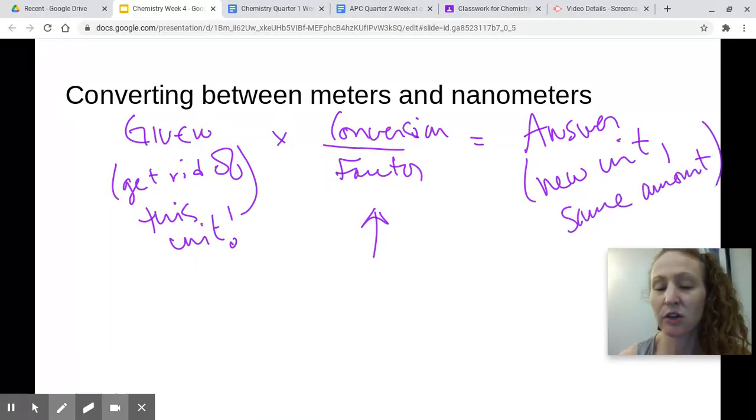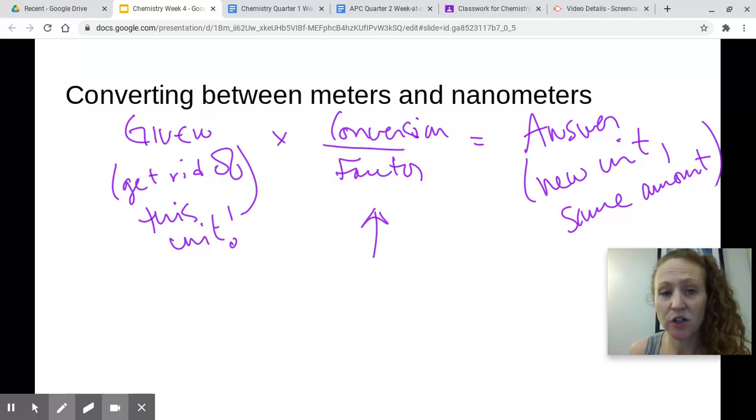That's what a conversion is, and how it's different than just an equation. In an equation, we may change the amount. You take 5 trees, multiply them by 10, and you get a different amount of trees. In a conversion, we just want to change the unit, but keep the amount the same.